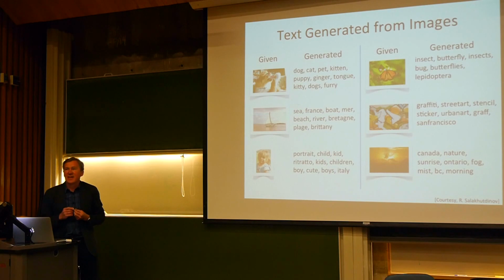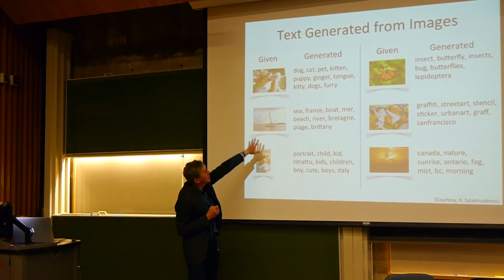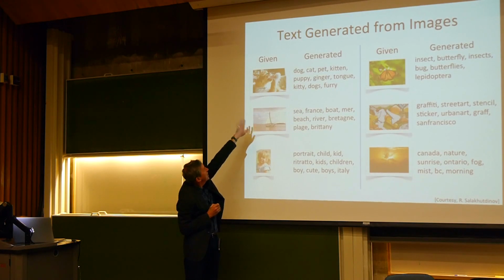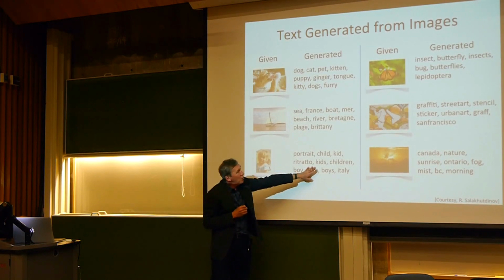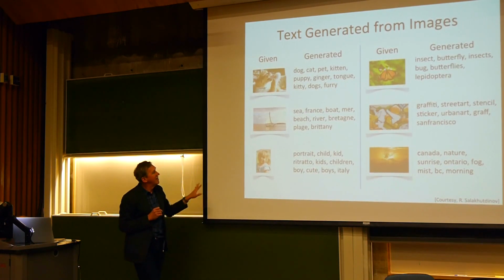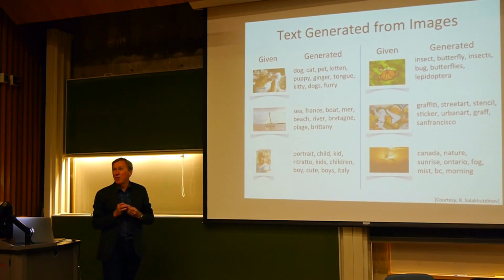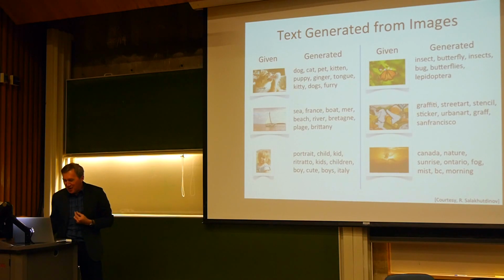If you do it, here's the kind of result that you find. So here, after training, are some input images and the words generated by the trained network for those images. And I think they're amazingly impressive. Of course, these are cherry-picked.